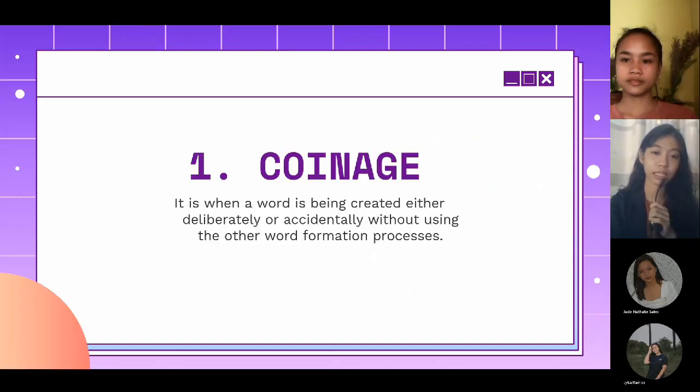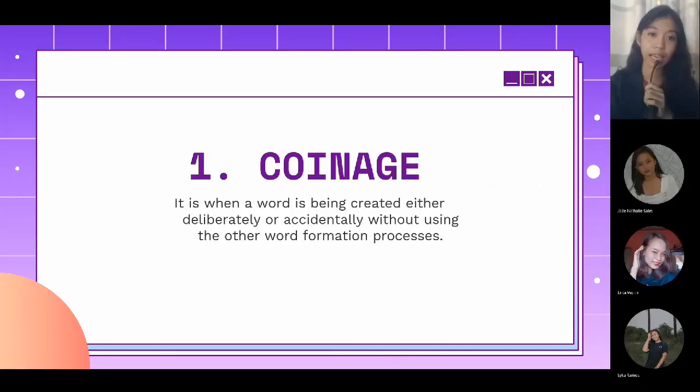First is coinage. It is when a word is being created, either deliberately or accidentally, without using the other word formation processes. Coinage is a common process of word formation in English and it is the invention of totally new terms.